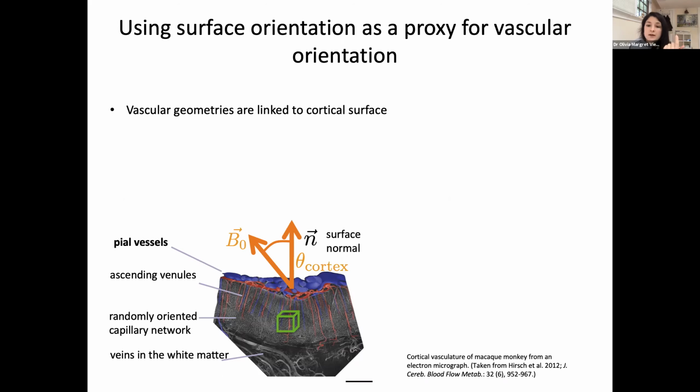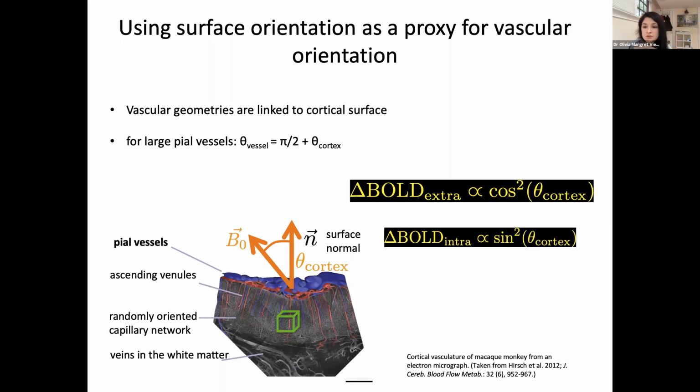So we can rewrite the orientation dependence of the intra- and extravascular BOLD changes as a function of the orientation of the cortical surface normal instead, assuming that effects are dominated by these big vessels. I would also like to point out that the extravascular BOLD component is really dominant over the intravascular above 4 Tesla and is almost more than 90% at 7T.